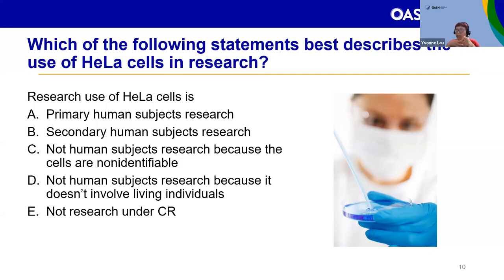I'll give you another few seconds. So the first response is primary human subjects research. The second one is secondary human subjects research, or not human subjects research because the cells are non-identifiable, not human subjects research because it doesn't involve living individuals, or not research under the common rule. So choose the best response in your opinion.